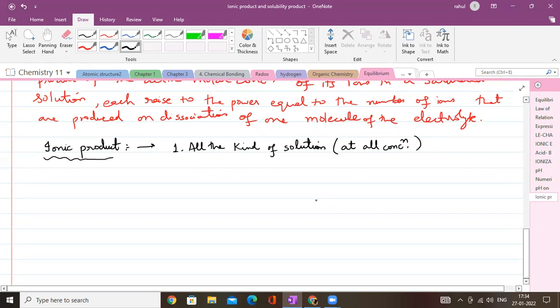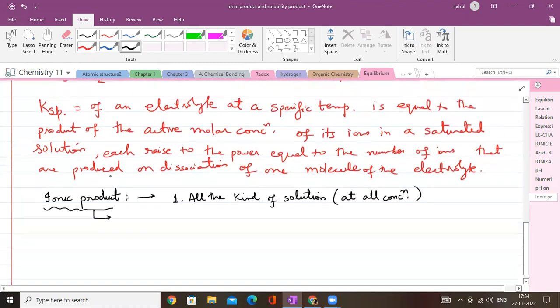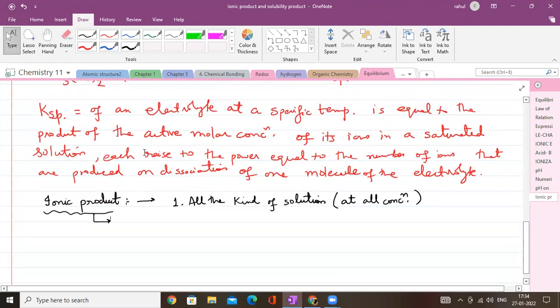But the most important thing is, what is this ionic product? As the name suggests, it is always equal to the product of the concentration of ions of the electrolyte, each raised to the power of their coefficient in the balanced chemical equation, at any concentration. Because here we said that solubility product is equal to the product of the active molar concentration in a saturated solution.